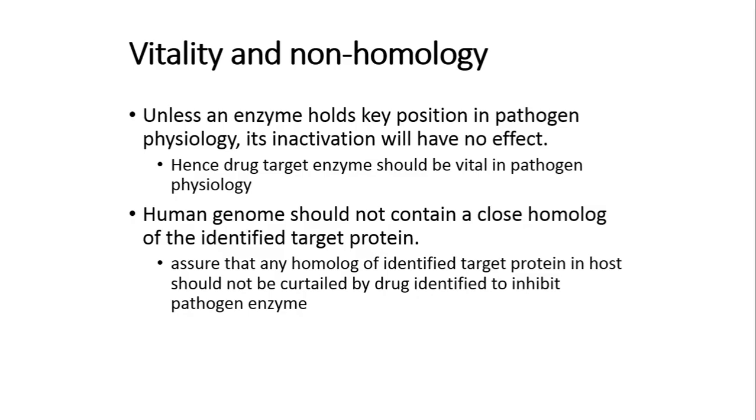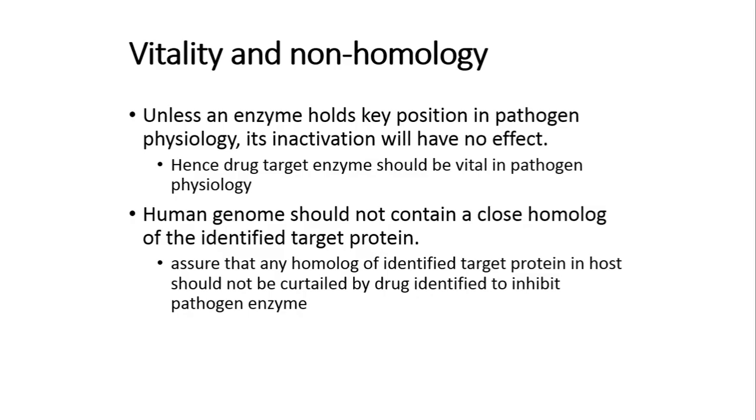In short, vitality is a property of an enzyme such that if that enzyme is deactivated or inhibited, there should be no alternative way for that pathogen to produce those metabolites that are created by that vital enzyme. That is what we term vitality.